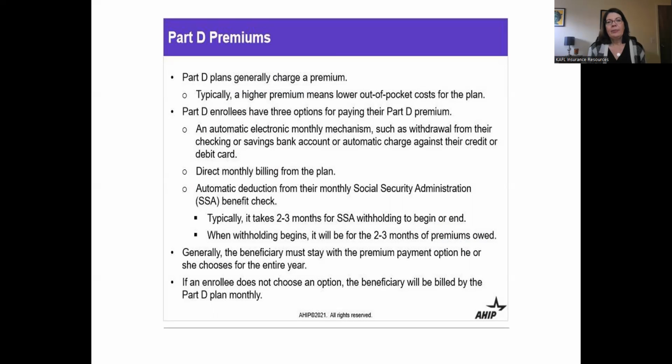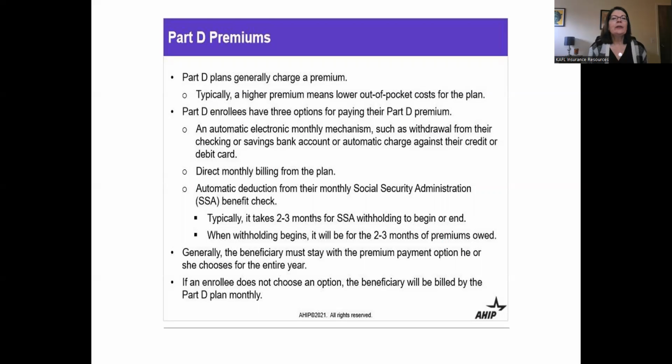So why pay for a drug plan? So they don't get a drug plan. And then I've seen years down the road where they suddenly have to take prescription drugs, costly prescription drugs, and want to go on a drug plan. And then they find out that there's a late enrollment penalty. So that's what we're going to talk about next.